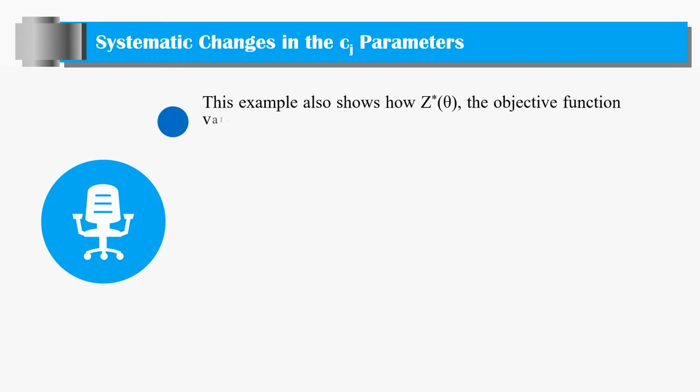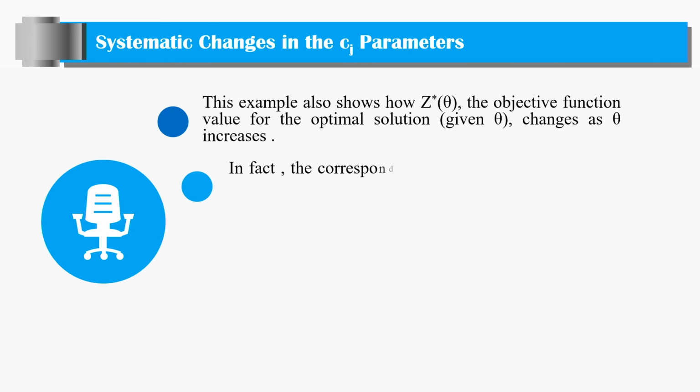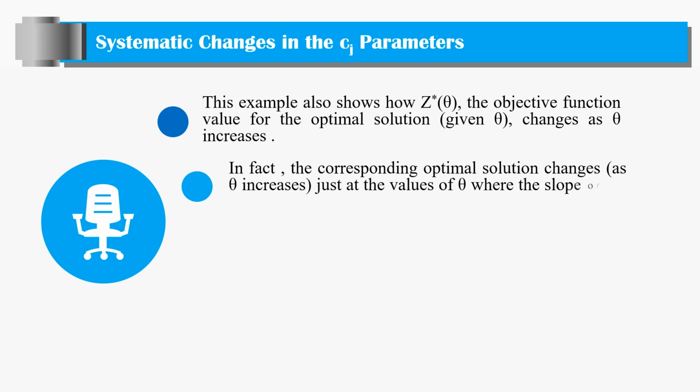In this example, we also see that z star, which is actually a function of theta, the objective function value for the optimal solution, changes as theta increases, as we saw earlier. In fact, the corresponding optimal solution changes as theta increases, just as the value of theta, while the slope of the z star theta function changes.